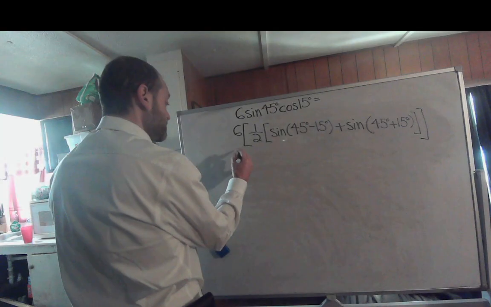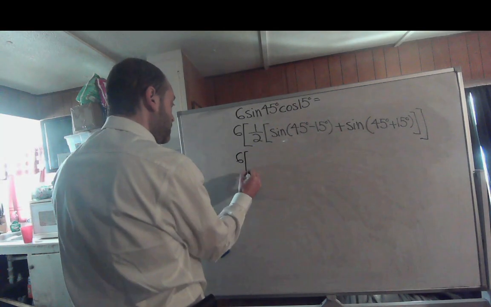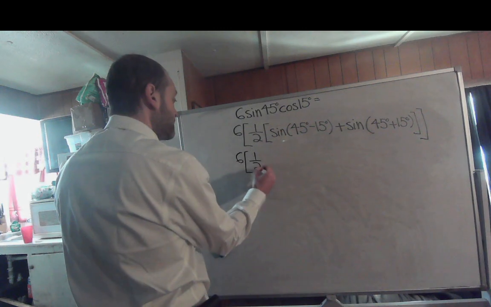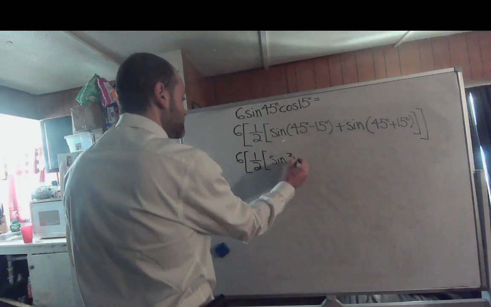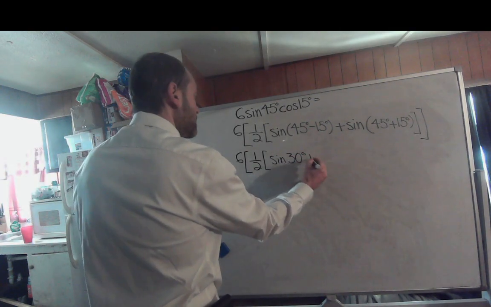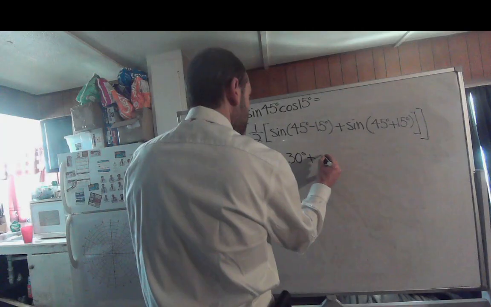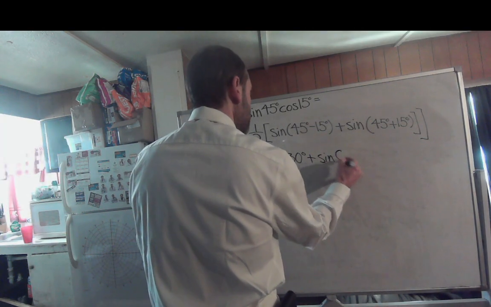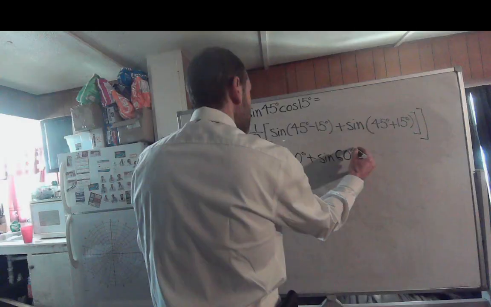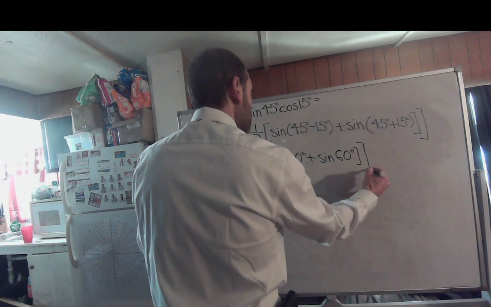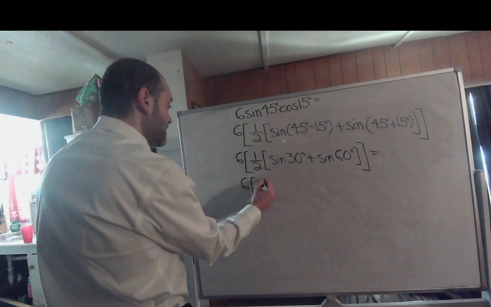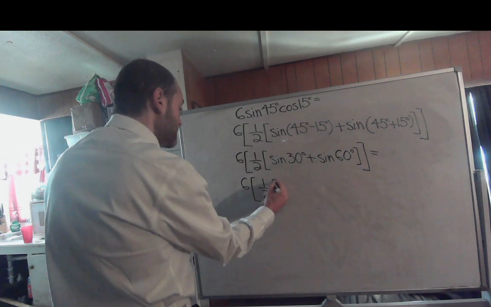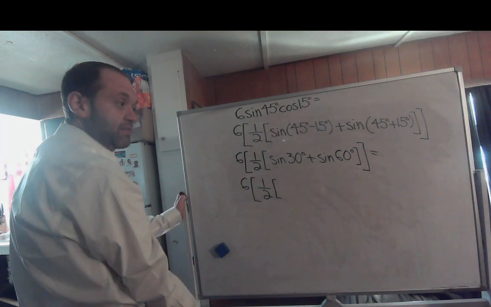This would turn into 6 times the quantity of 1/2 times the sine of 30 degrees plus the sine of 60 degrees. So this would be 6 times the quantity of 1/2 times, now what is the sine of 30?